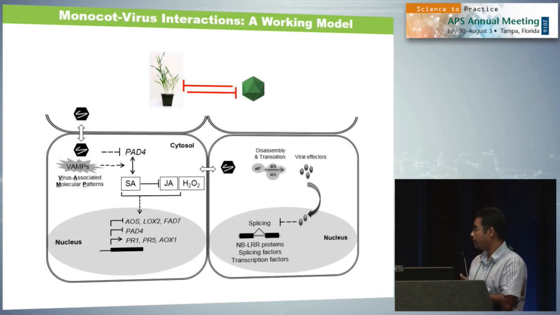Now, we all know about viruses and their proteins. They can do a lot of things in perturbing host cell physiology. And we think some of these viral proteins, in this case PMV proteins, are trafficking to the nucleus and splicing some of these genes that could be involved in plant defense pathways.